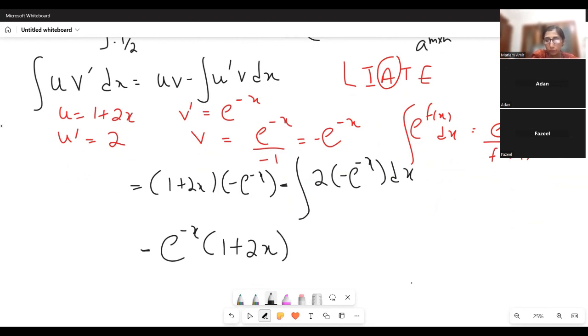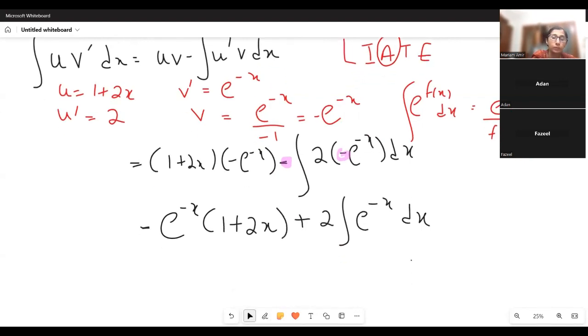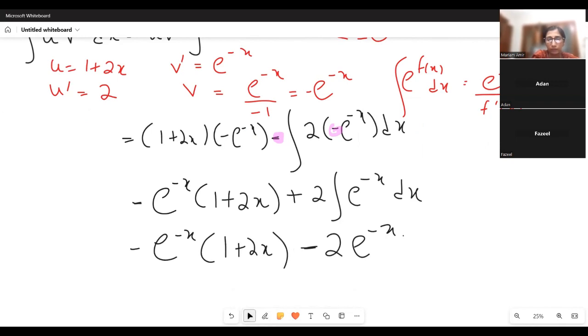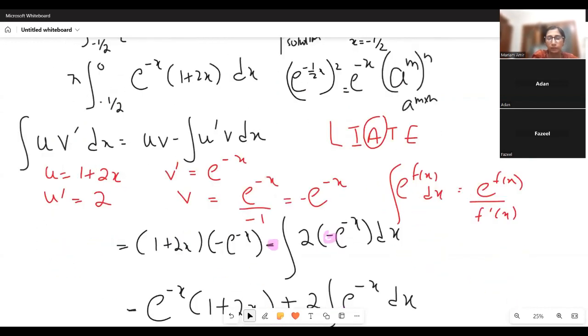Then I'm going to multiply these two to make it positive, and also bring out 2. So this is what we have to integrate. It's again going to be e power minus x upon minus 1, so we get minus 2 e power minus x. And here we have e power minus x, negative sign, 1 plus 2x. Okay, what were the limits? 0 and minus half.